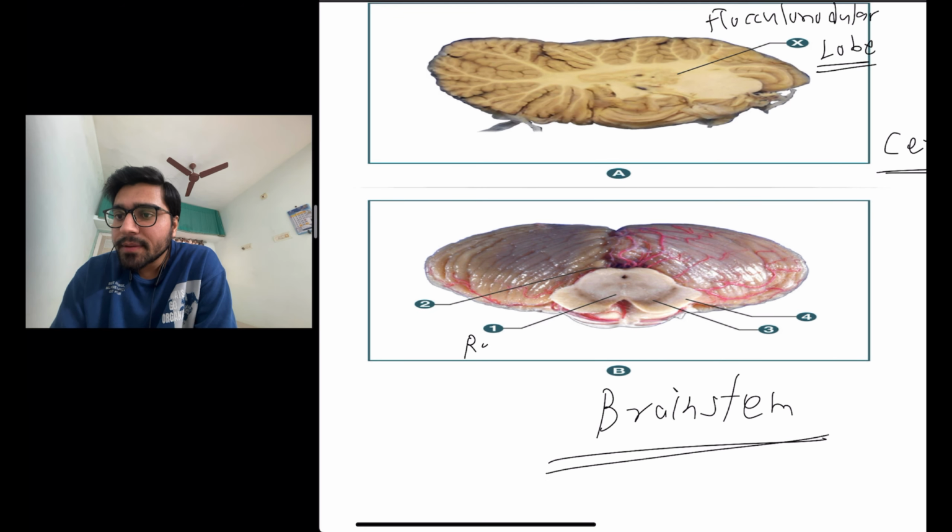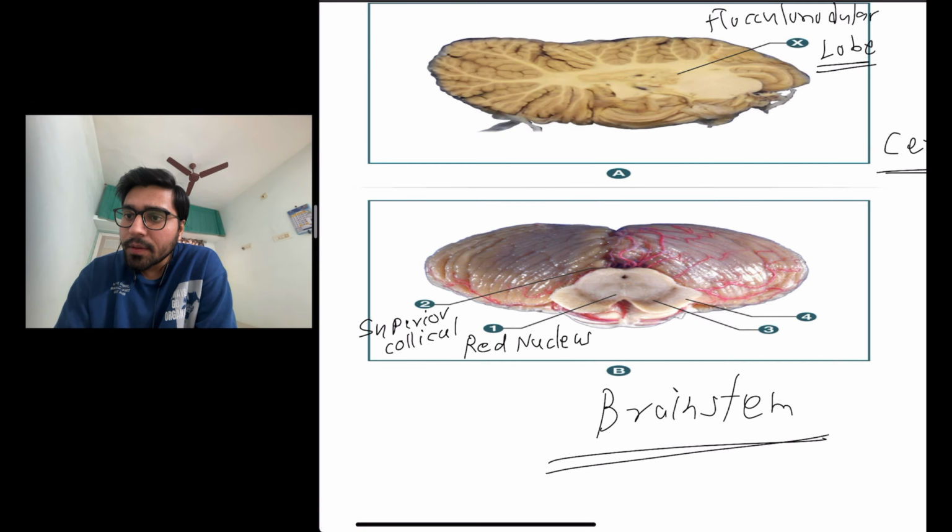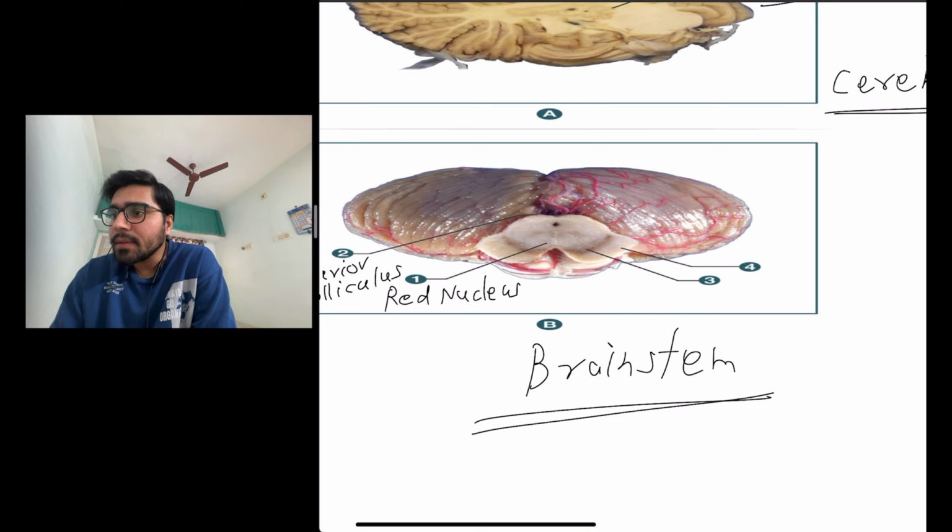The one is red nucleus. The two is superior colliculus. The three is substantia nigra. And the fourth one is crus cerebri.